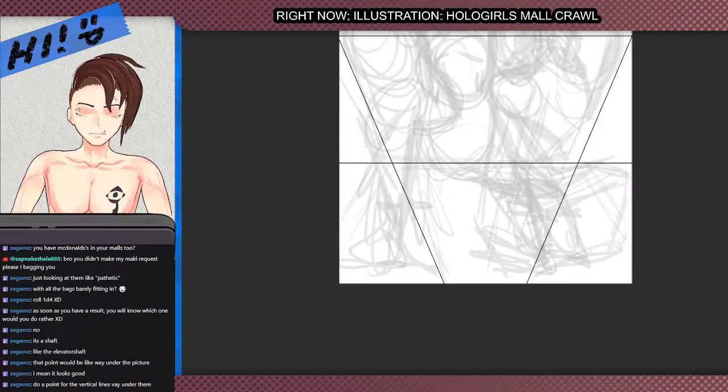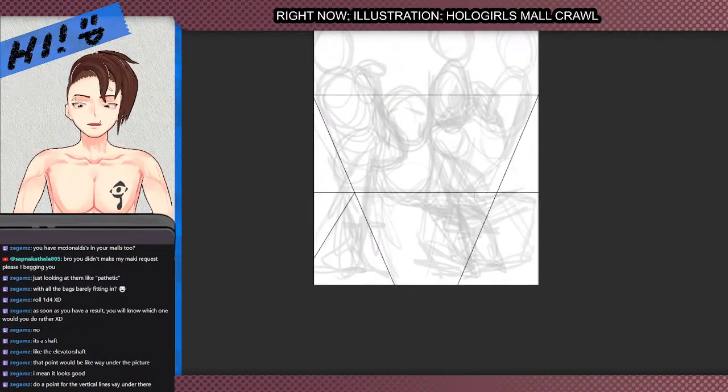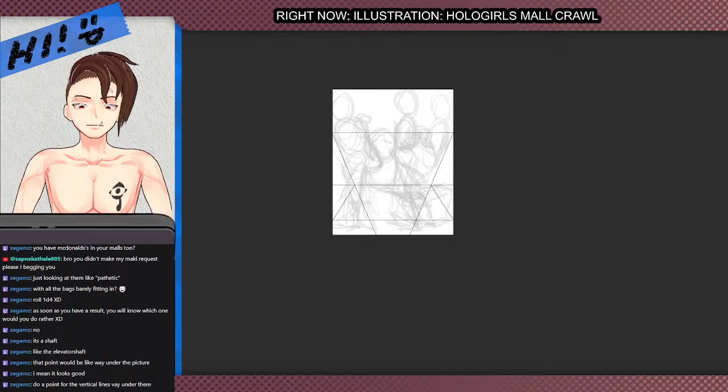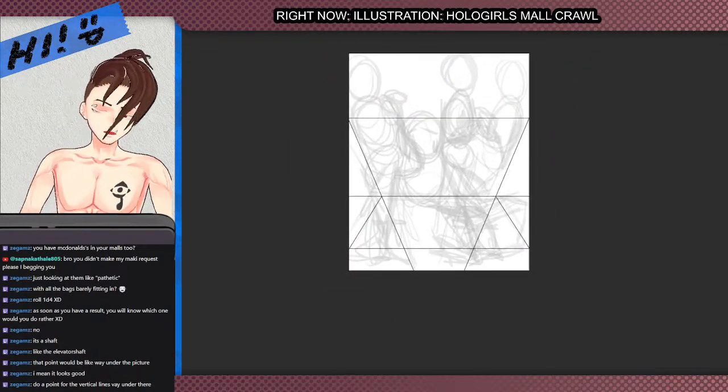Like this. And over here, there would be the line for the elevator wall, going from here to here, and it's just going to disappear further.